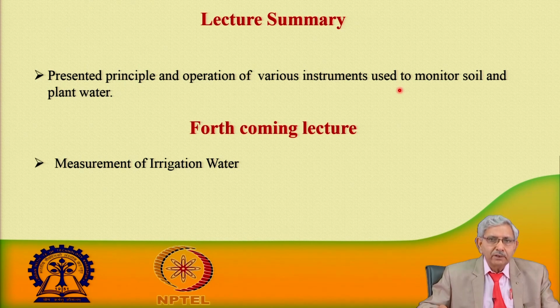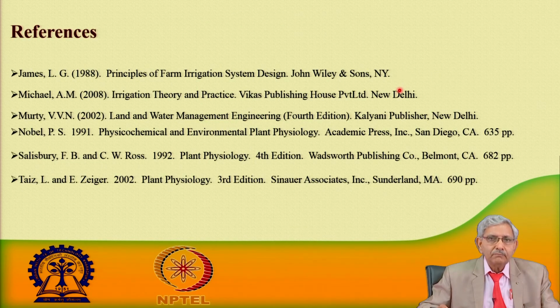Now, in the forthcoming lecture you will be given exposure to the devices which are used for measurement of irrigation water. You can refer to these books which are useful for this topic on soil water as well as plant water monitoring systems.